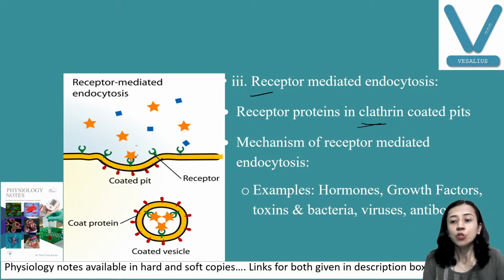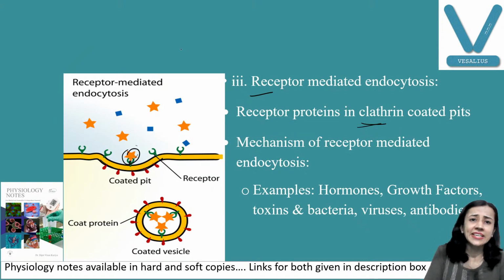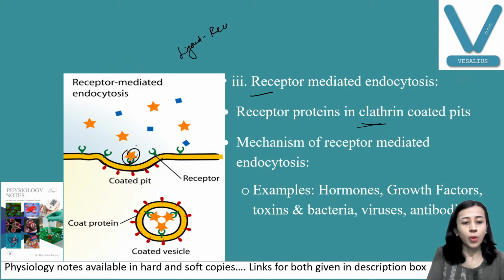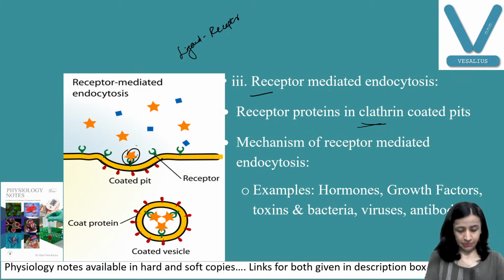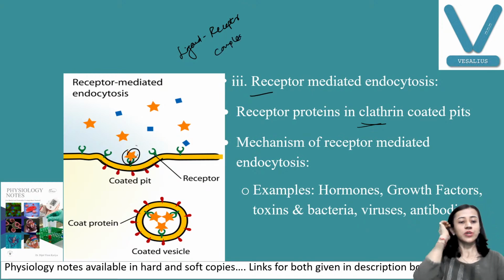Now, what is the mechanism? First of all, you can see this substance, or you can say the ligand, binds with the receptor. So a ligand receptor complex is formed. That is the first step.